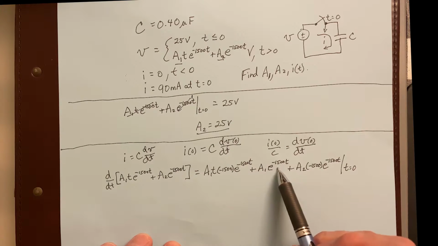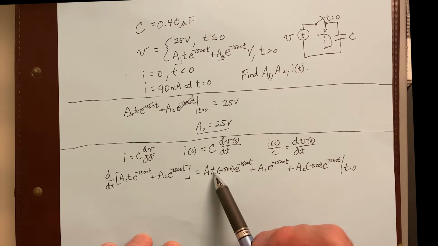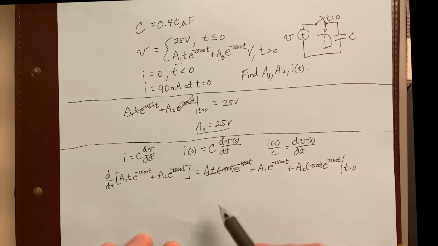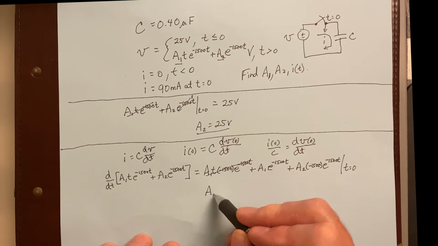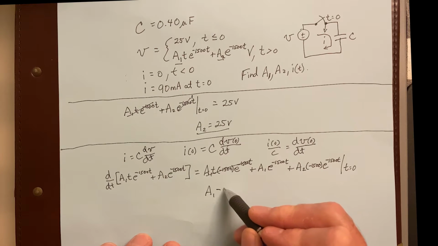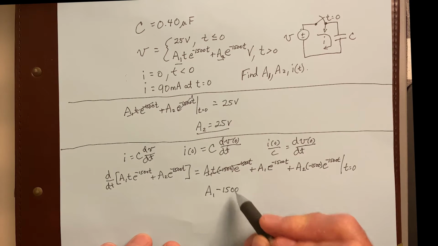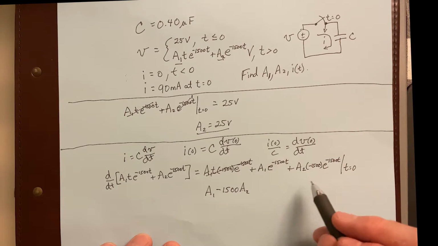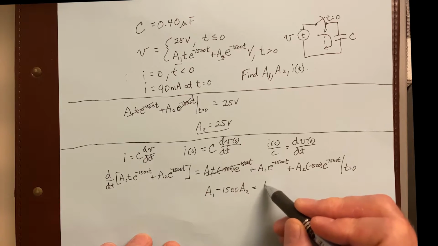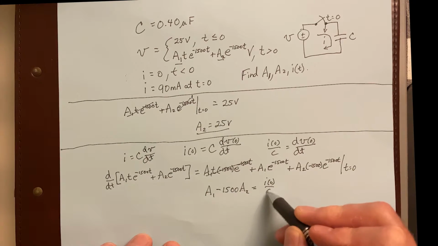When we do that, all these exponentials go to 1. This t causes this whole term right here to go to 0. So we're left with A1 minus 1500 A2, and that's equal to i at 0 divided by C.